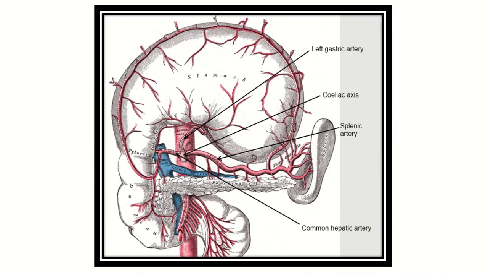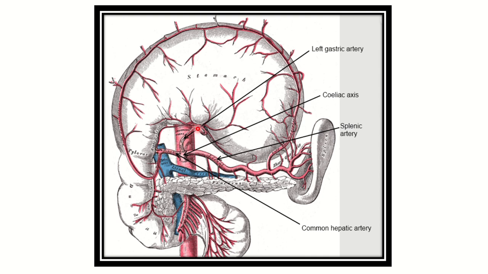So here again we can see this is the celiac trunk. The celiac trunk arises from this large vessel, which is the abdominal aorta. And from here, this one is the common hepatic artery.